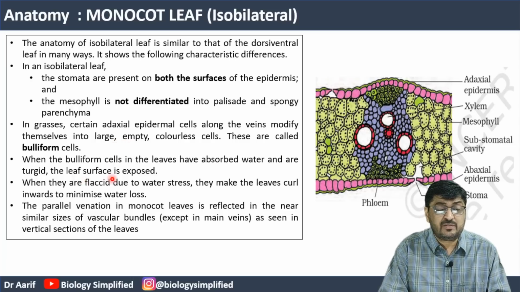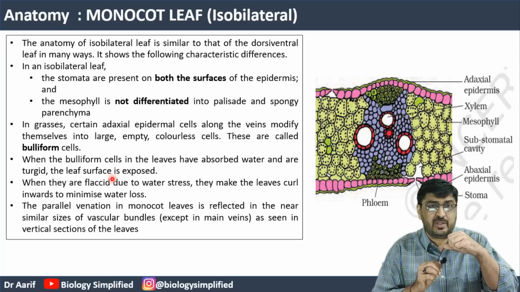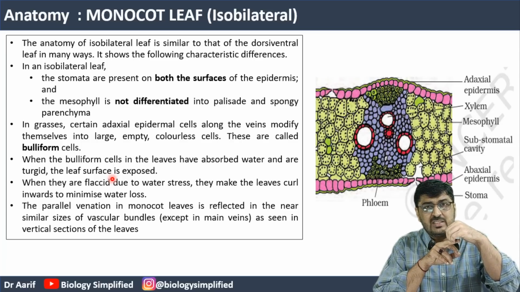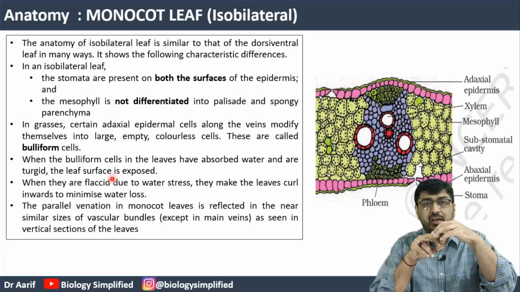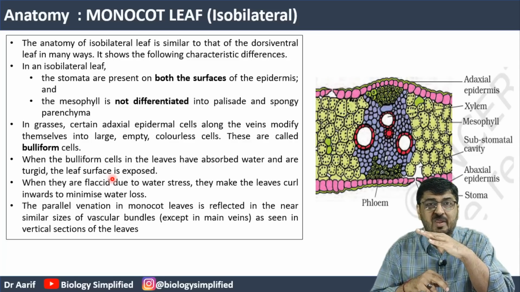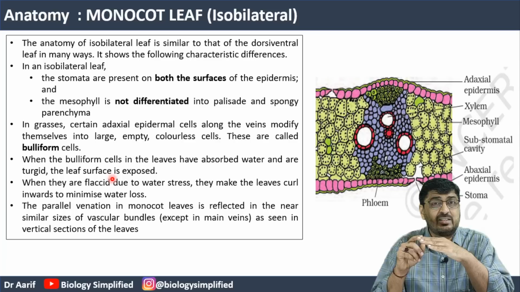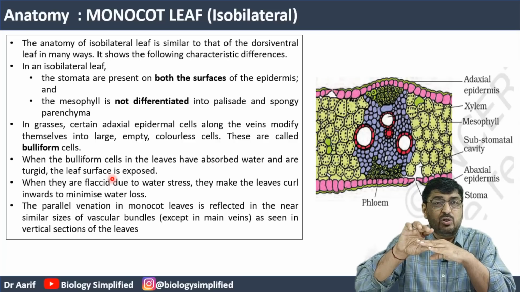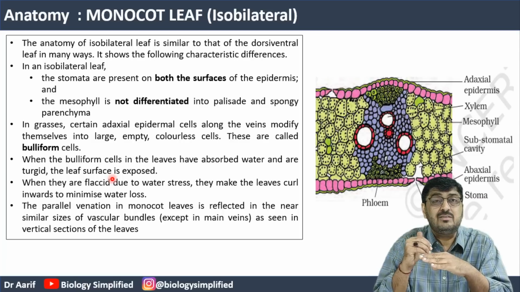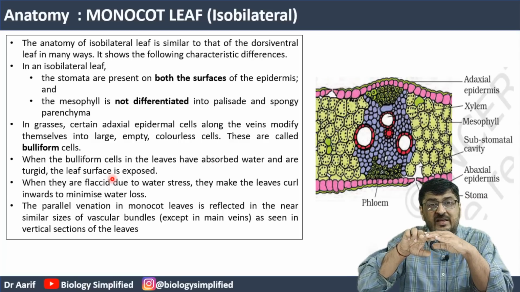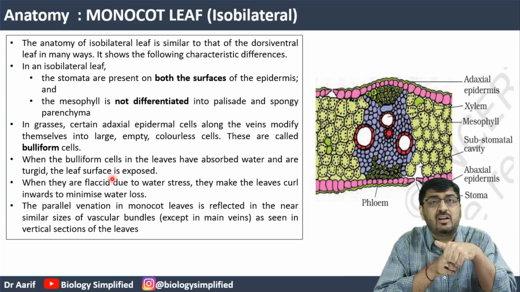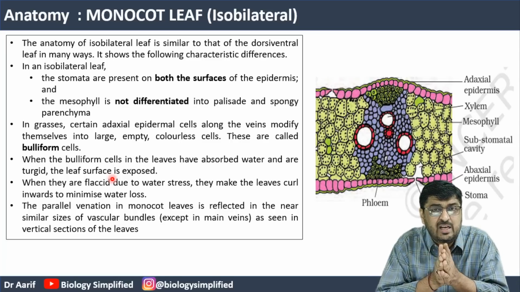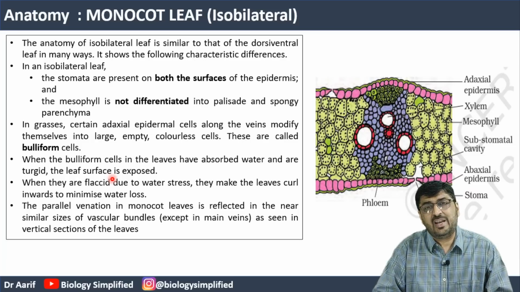उसको turgid, the leaf surface is exposed. अब ये actually leaf curled होता है. When the bulliform cells take up water, leaf surface exposed होता है. लेकिन whenever there is scarcity or shortage of water, the bulliform cells will lose water, and because of that the cells become flaccid, loose हो जाएंगे, and as the result the leaf will curl. तो जितना surface area का availability कम हो जाएगा उतना transpiration का rate कम हो जाएगा.